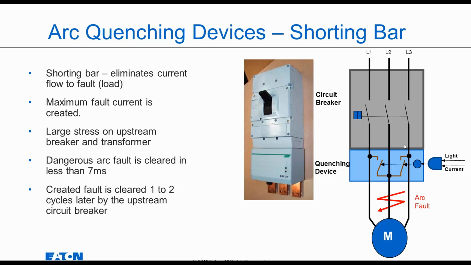There's no other impedance that could limit this condition. And so this breaker will see the maximum current that the upstream transformer can provide it.